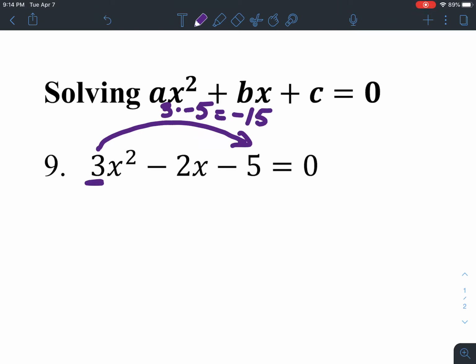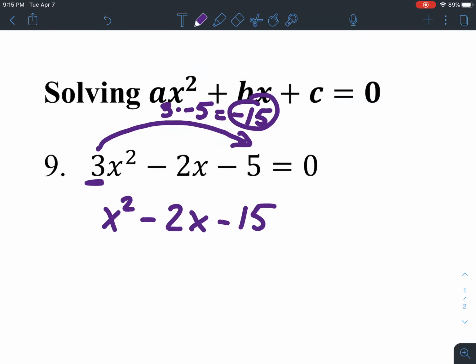What this allows us to do is it allows us to rewrite this original quadratic without the 3 in front. So now it's just going to be an x squared minus 2x, but I can't call it minus 5 anymore. I have to use this negative 15 that I had before when multiplying.